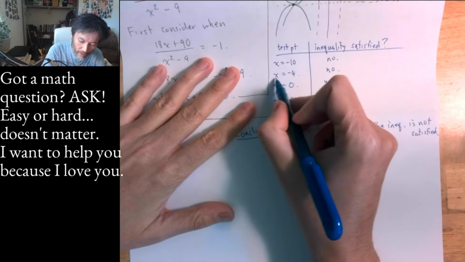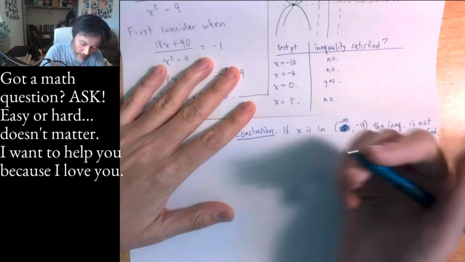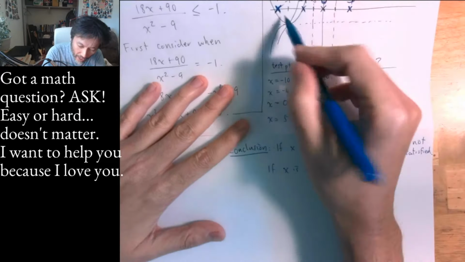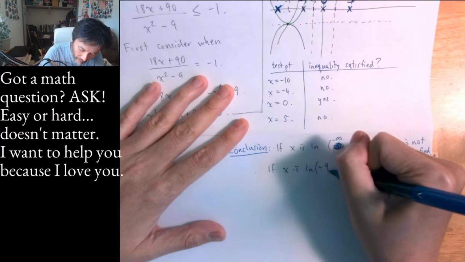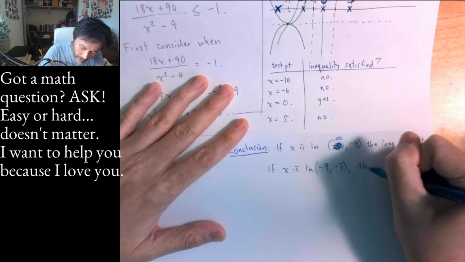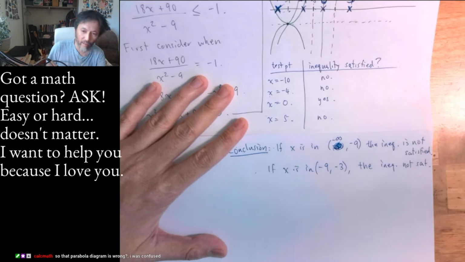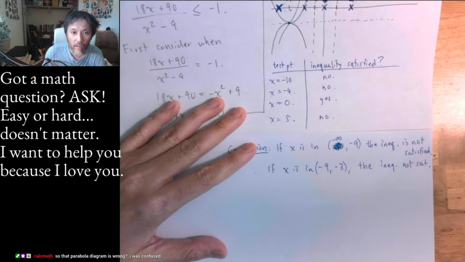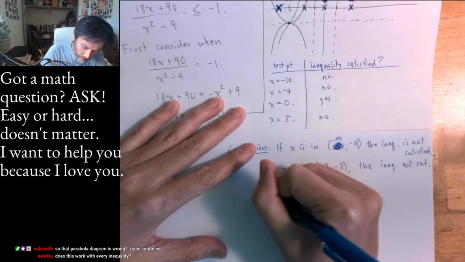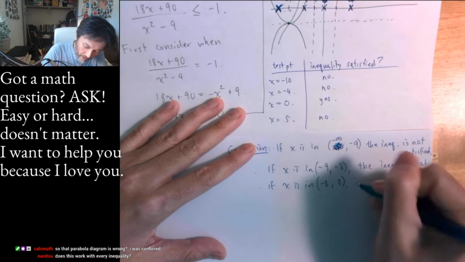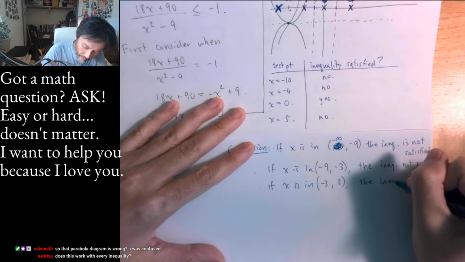Similarly, because of the x equal to -4 test, we now know that if x is in the interval from -9 to -3, the inequality is not satisfied. If x is in -3 to 3, the inequality is satisfied.